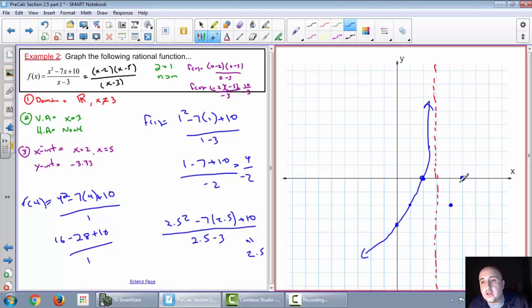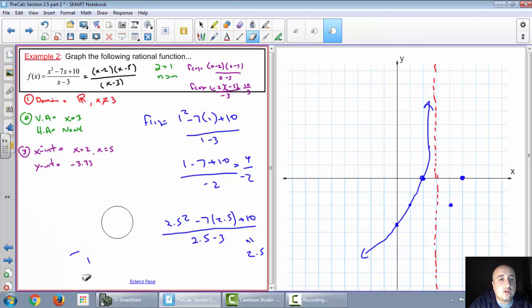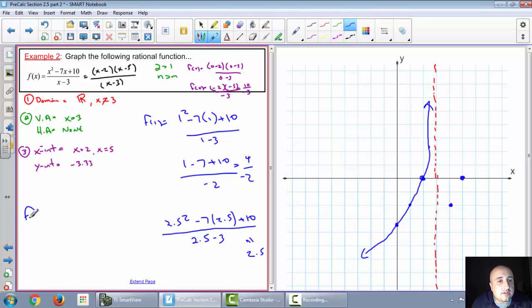Now let's give me a number to the right of this last x-intercept. So let's plug in 6. Let me get rid of some of this. So f of 6 is 6 squared minus 7 times 6 plus 10 all over 6 minus 3, that's 3.